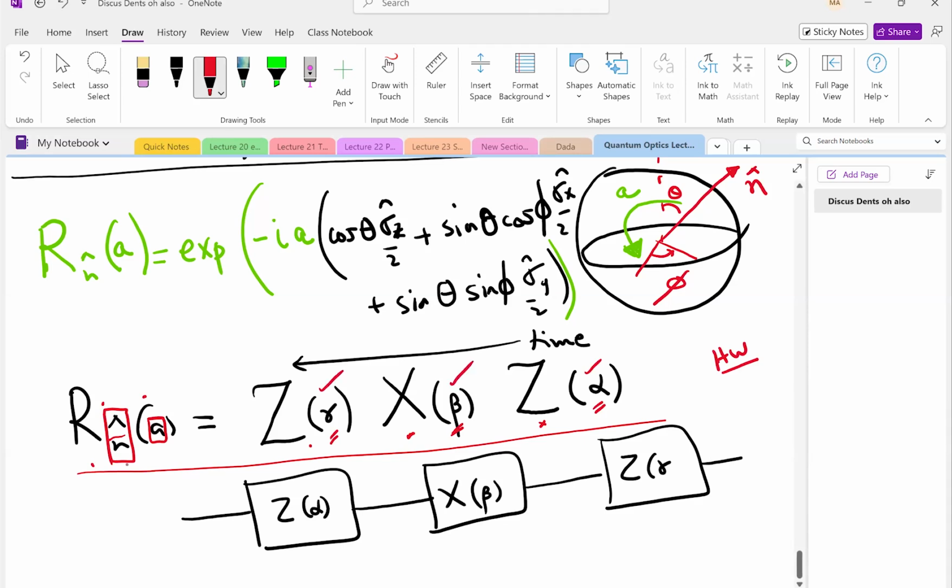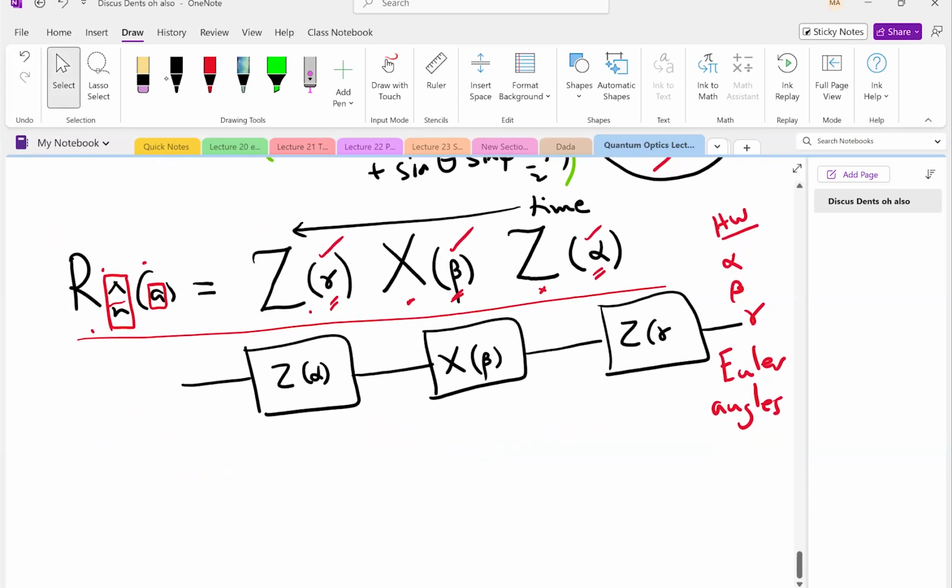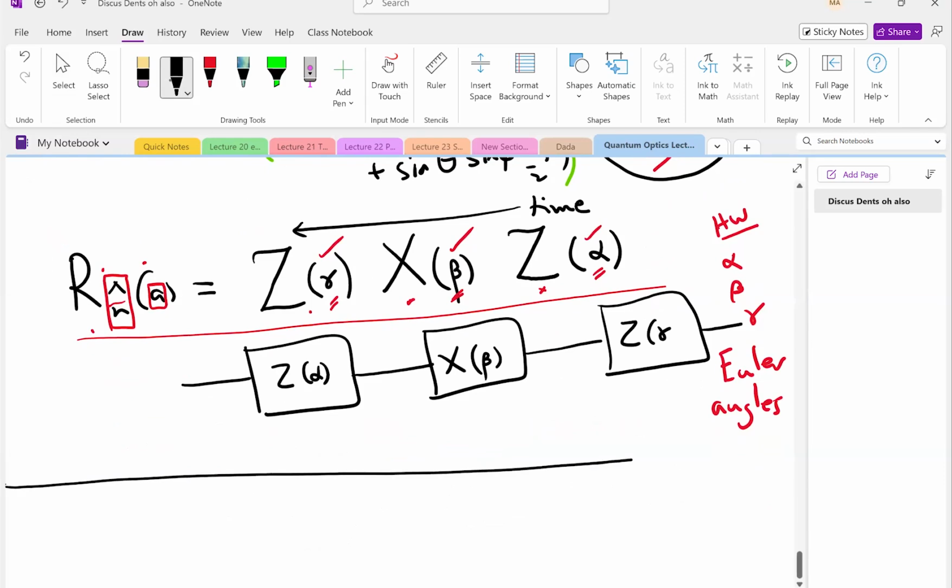By the way, those who know mechanics would recognize that alpha, beta, and gamma are sometimes called the Euler angles. So any rotation operator can be expressed in terms of these X and Z operations on a single qubit.